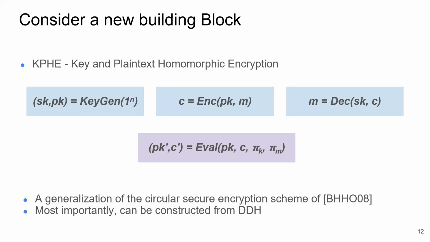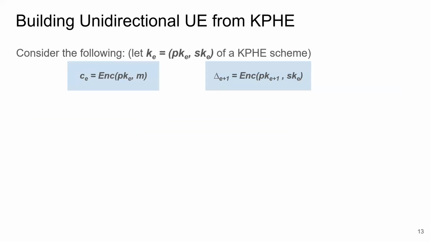Okay. So now using this building block and a similar idea to our first construction, can we use this to construct a unidirectional UE? So now we're going to use the KPHE as our building block. The secret key of our epoch is just the key pair for this encryption scheme. Our ciphertext is going to be the encryption of the message under the public key of your KPHE scheme. And then your update token is going to be the secret key of the old epoch encrypted under the public key for the next epoch.